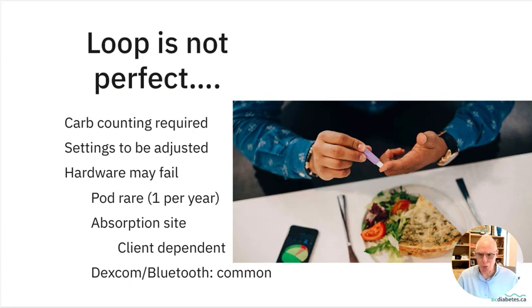Absorption site problems are client dependent, and these can be fairly frequent. So if the patient stays away from hypertrophic areas, stays away from areas that are subject to movement or pressure, they're much less likely to have absorption site problems. And finally, problems with Dexcom and Bluetooth connections are not uncommon.